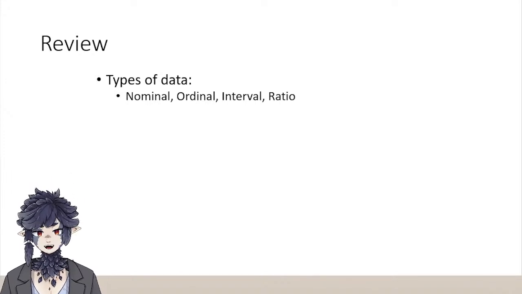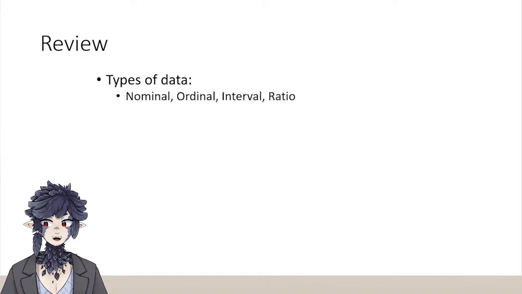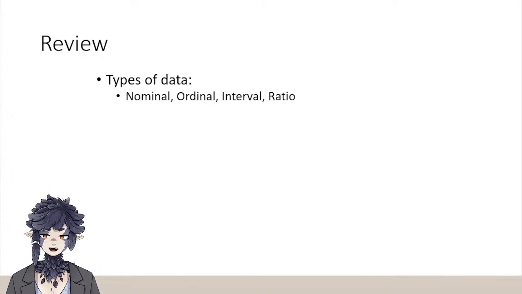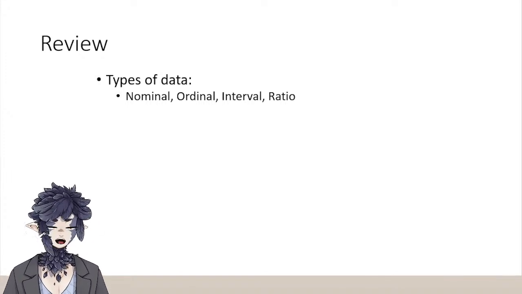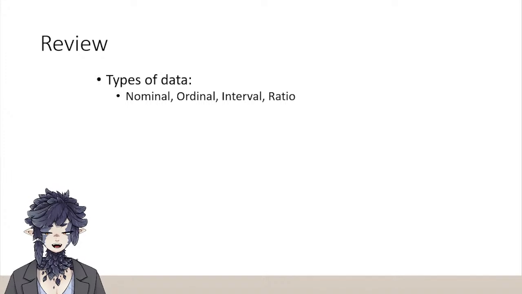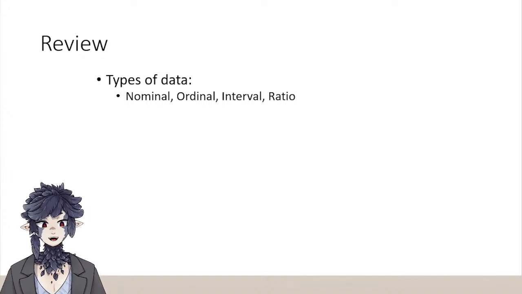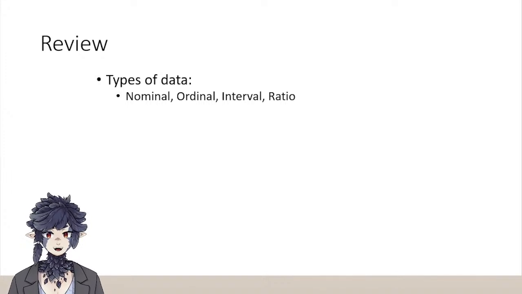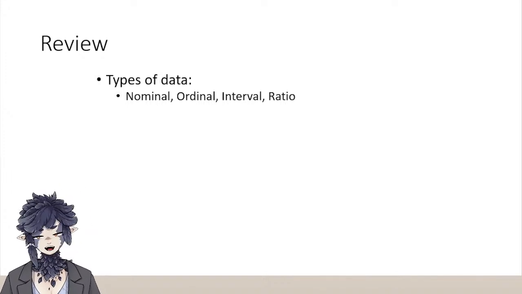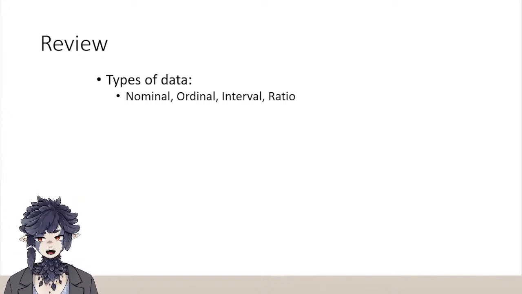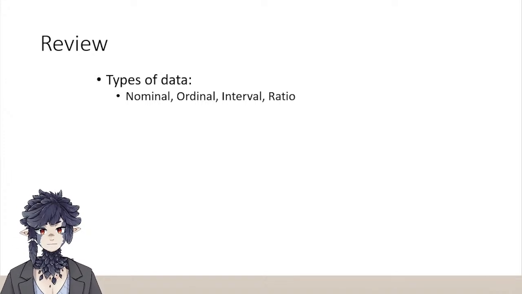So this can be things like rankings, but the size of the units isn't always the same. The space between first and second place in a race isn't necessarily the same amount of time as between second and third. One of those is a better place in the race, so there is an order to it, but the units aren't the same size. The gaps between spaces aren't the same.